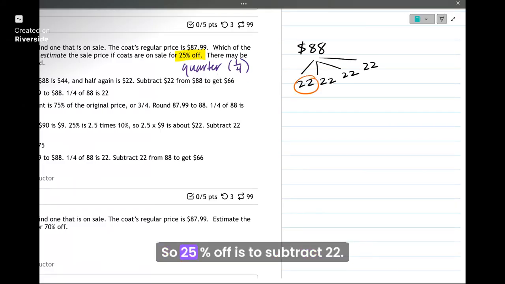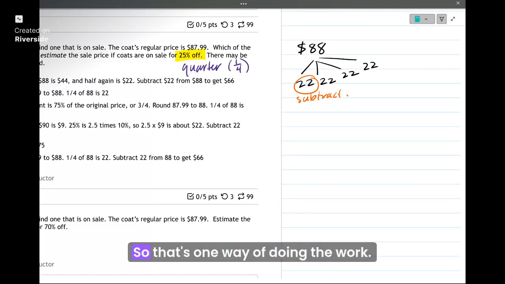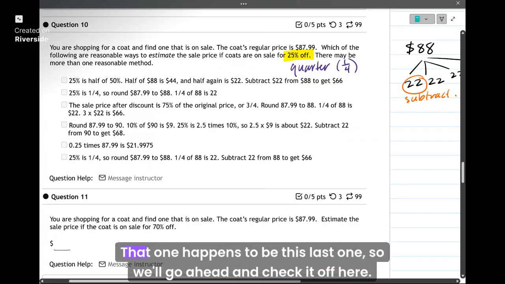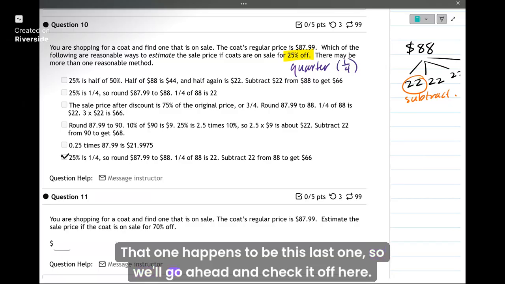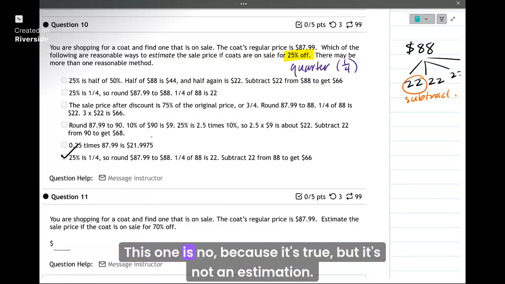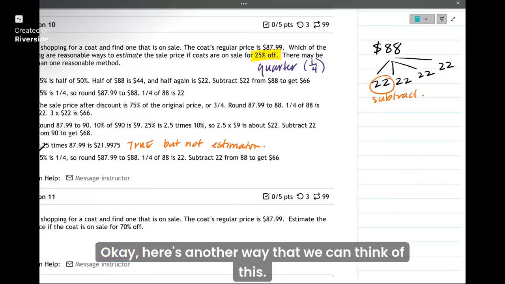So 25% off is to subtract 22. So that's one way of doing the work. That one happens to be this last one. So we'll go ahead and check it off here. This one is no, because it's true, but it's not an estimation, okay?